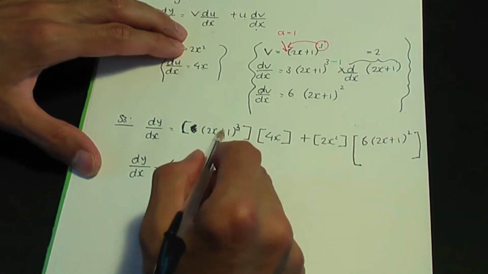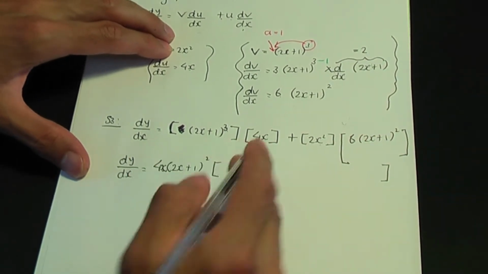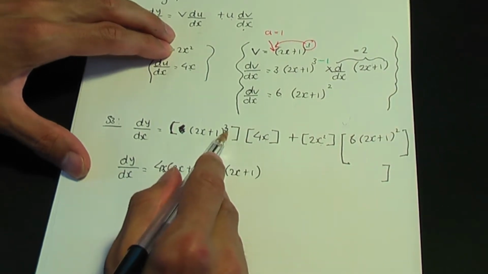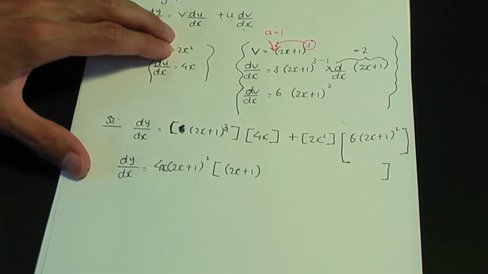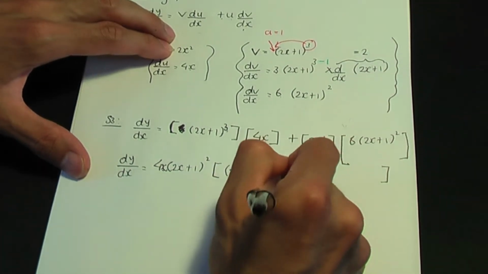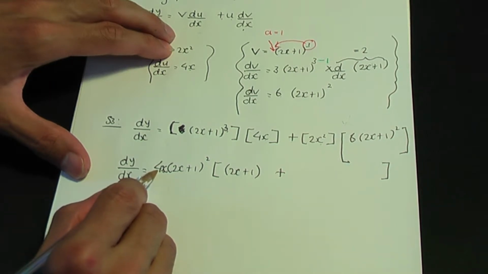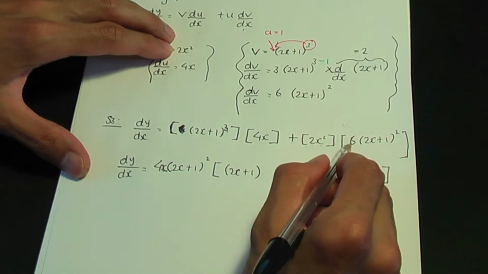So by doing that, be careful what we have remaining. So I have a 2x plus 1 remaining. Since this is cubed and I'm taking out a squared, I have a 2x plus 1 remaining. Plus, I've taken out a constant of 4. However, I have 6 times 2, which is 12.